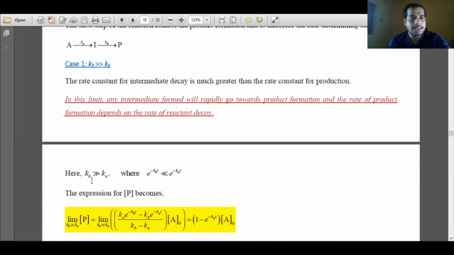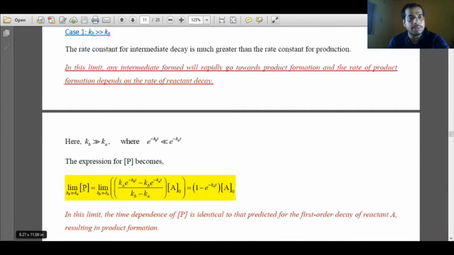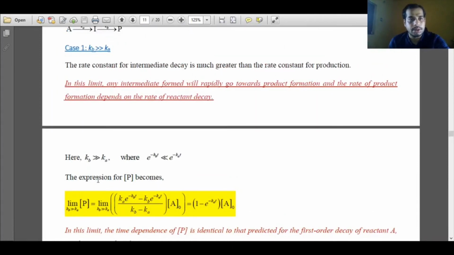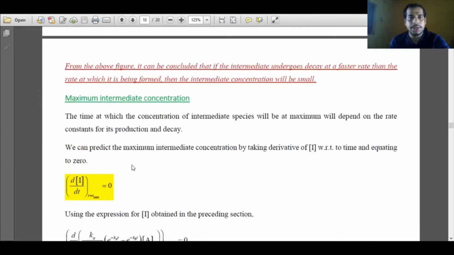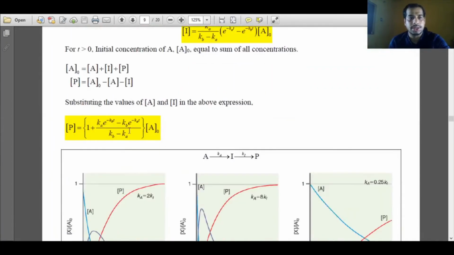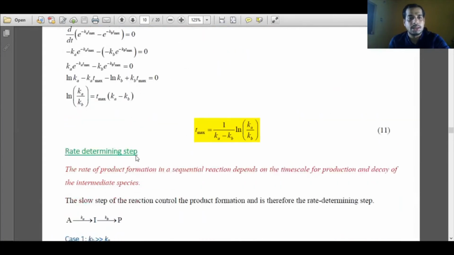For our first case, Kb is greater than Ka. Under such a condition, e to the power minus Kbt will be very much less than e to the power minus Kat. These exponential terms appear in the intermediate expression and the product expression. We have already obtained an expression for product concentration. This is the expression for product concentration, so we'll use it here.